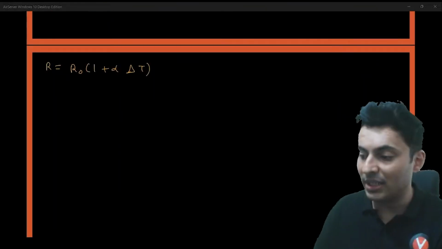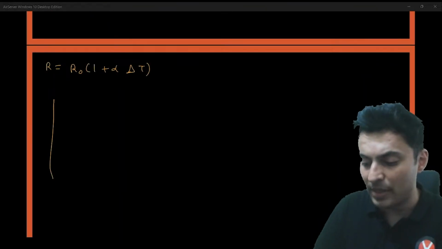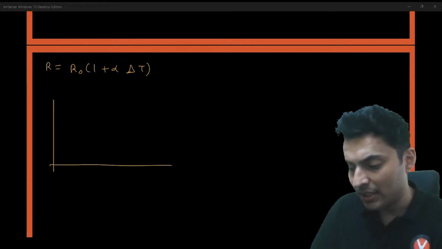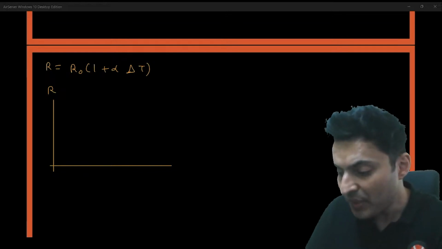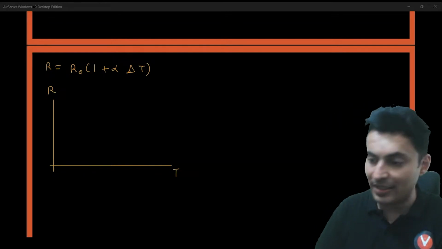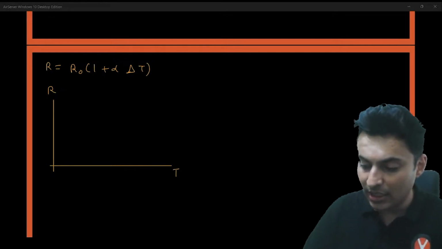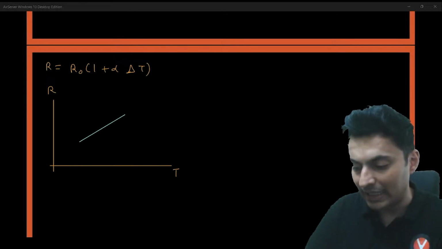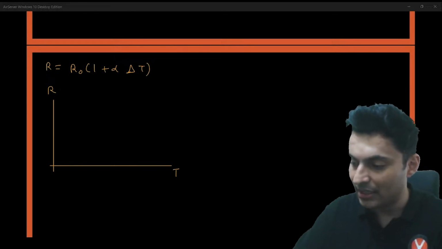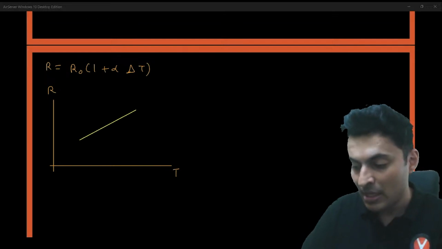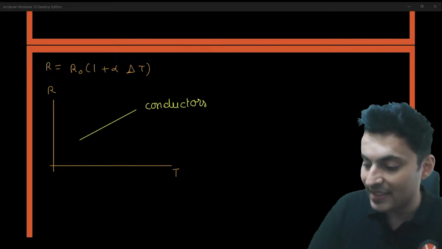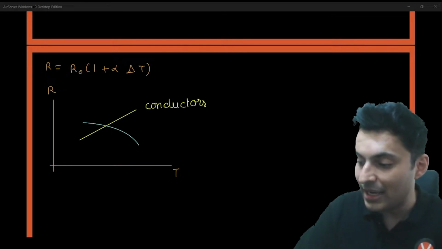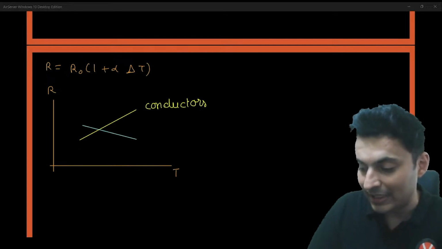Then we'll talk about the temperature. When you change the temperature, the resistance also changes. So if you plot the graph of resistance with respect to the temperature, the graph will look something like this. But this is only true for conductors. For semiconductors, the graph will be like this.